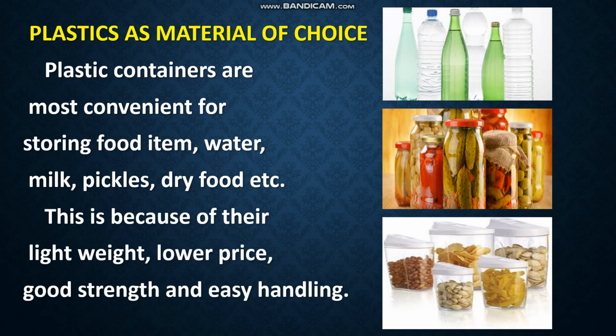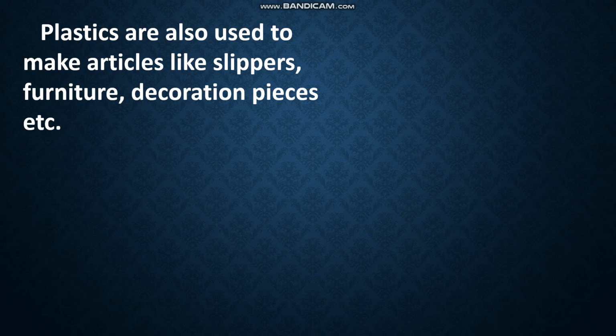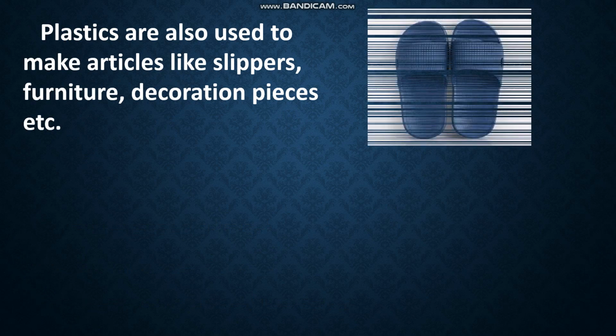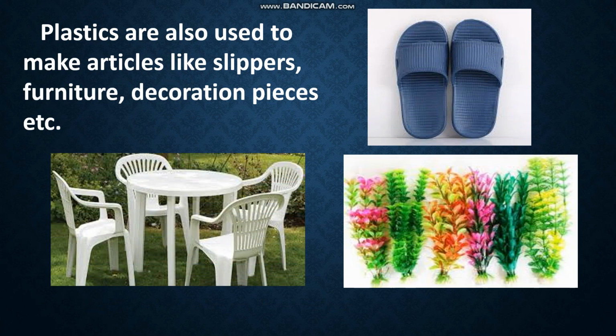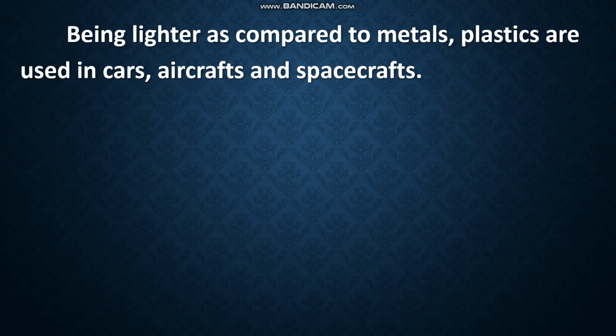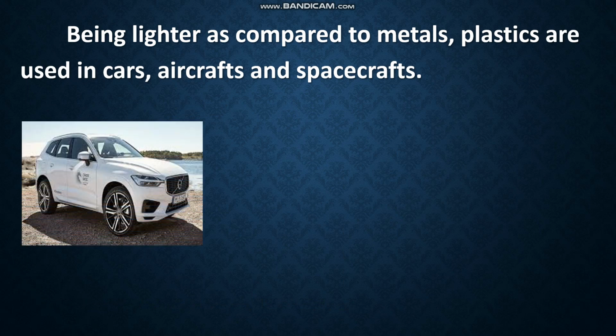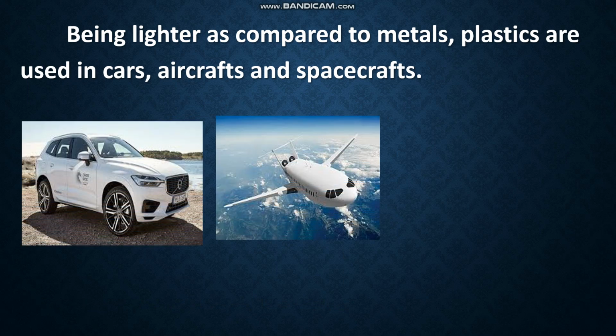Because of their lightweight, lower price, good strength, and easy handling. Plastics are also used to make articles like slippers, furniture, decoration pieces, etc. Being lighter as compared to metals, plastics are used in cars, aircrafts, and spacecrafts.